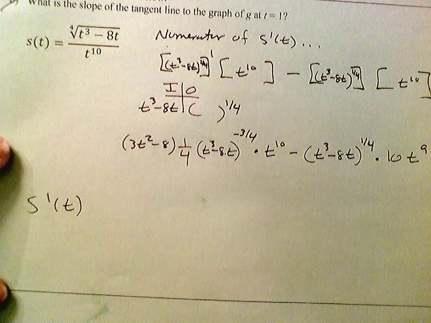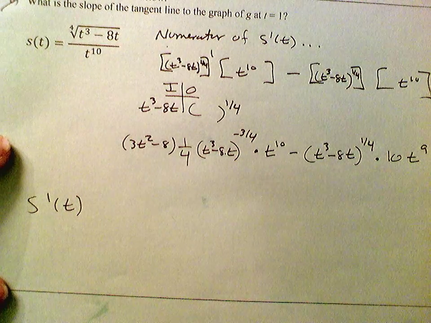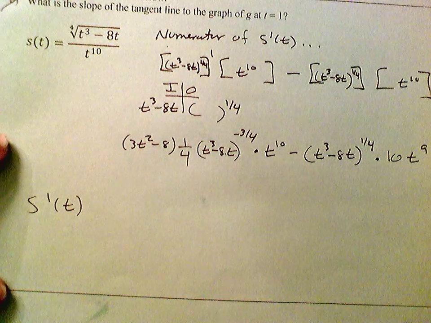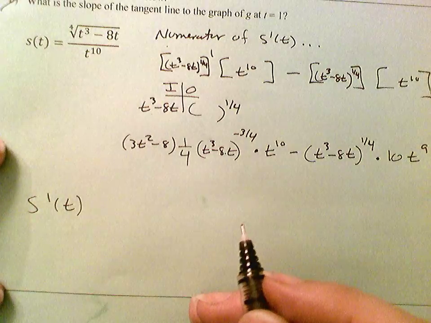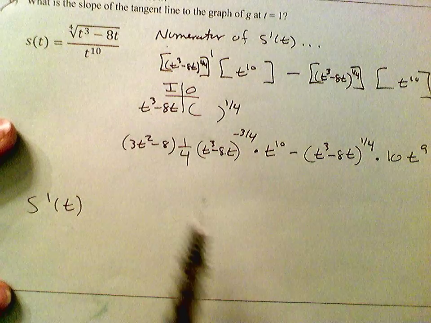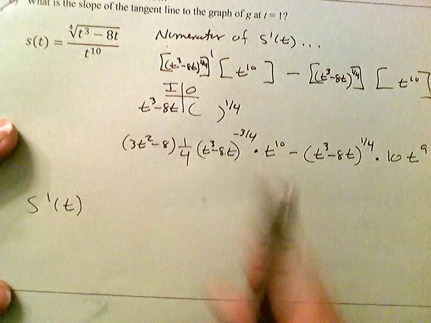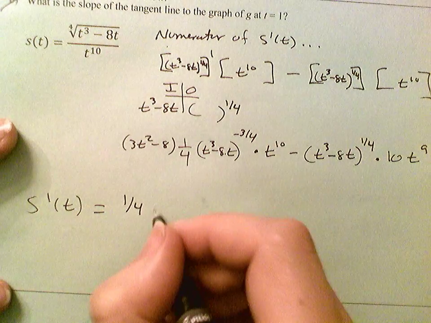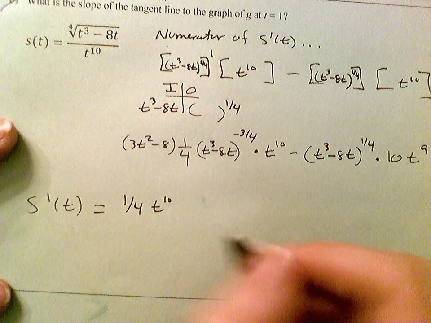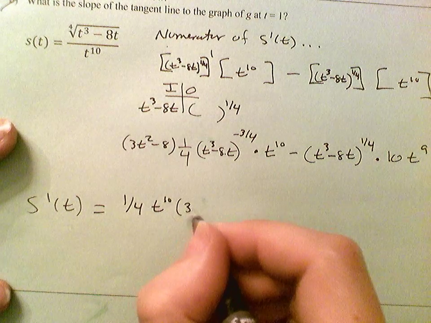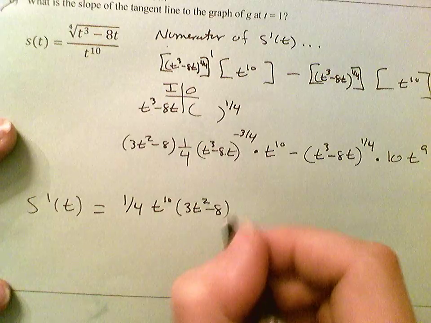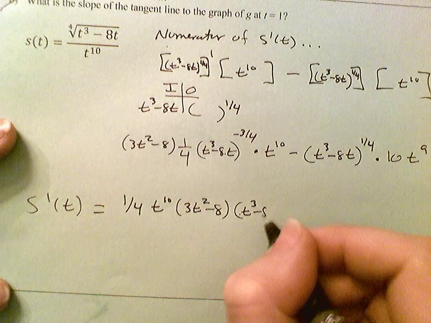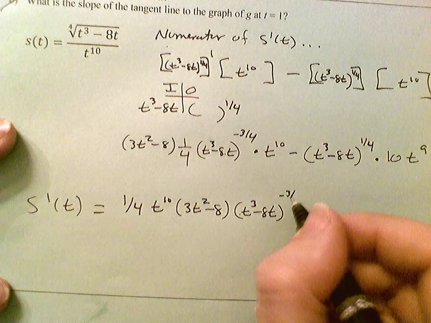So what do I have? This is going to be kind of messy, but for this first one, I'm just going to write the coefficient first, 1/4, t to the 10th, 3t squared minus 8, t to the third minus 8t to the negative 3/4.